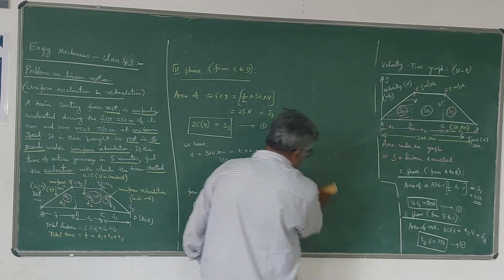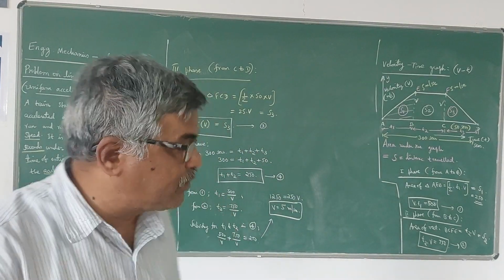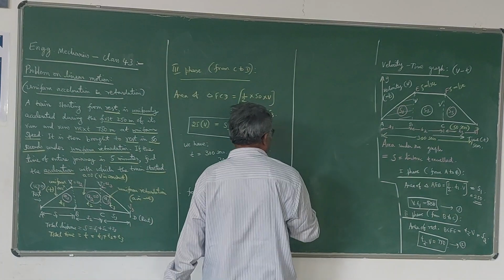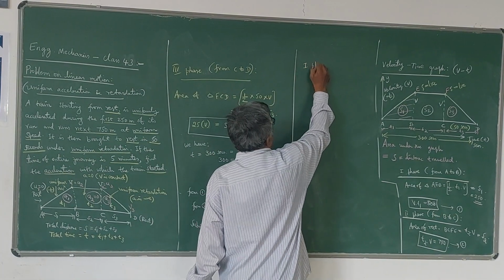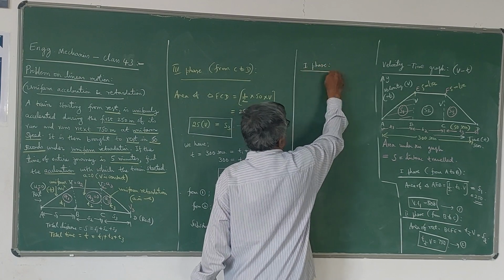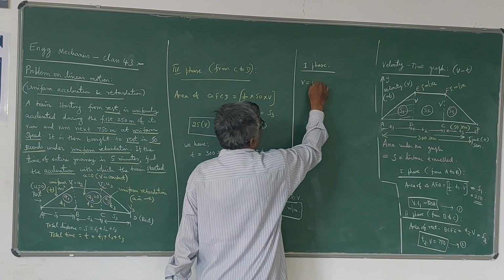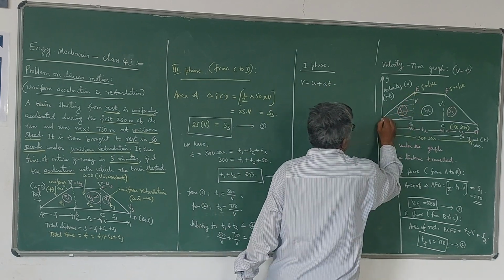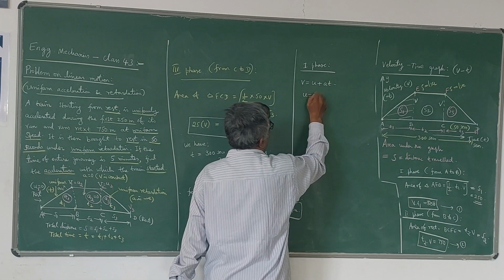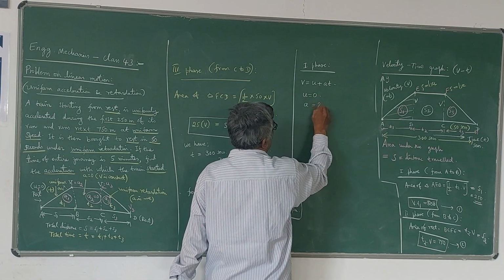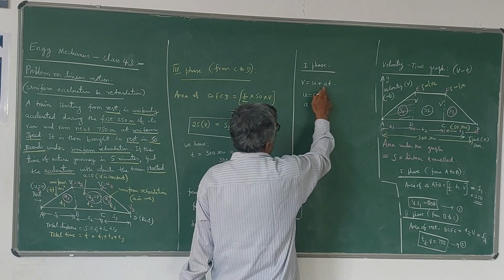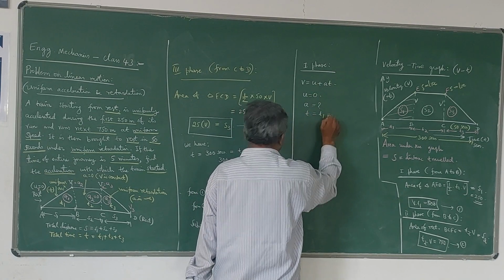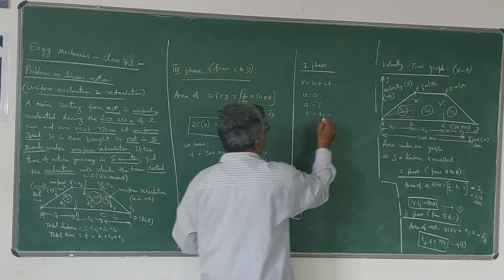Very simple. So to use that equation, I have used the combination of graphical method and equation method. So for the first phase, now once again I will come back to first phase. Since it is the case of acceleration, the equation is v is equal to u plus at. Please note that for the first phase, u is 0, that is initial velocity is 0, acceleration is not known here, so that is a is not known here. Then t is nothing but t1. T1 is how much? T1 is 500 divided by v.